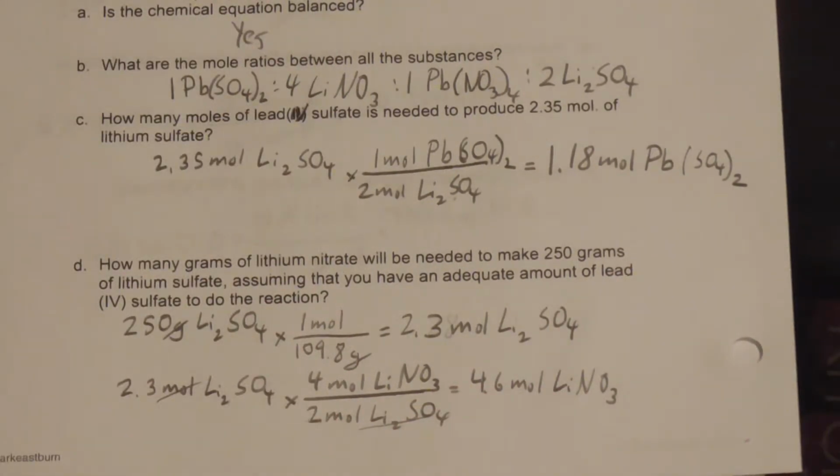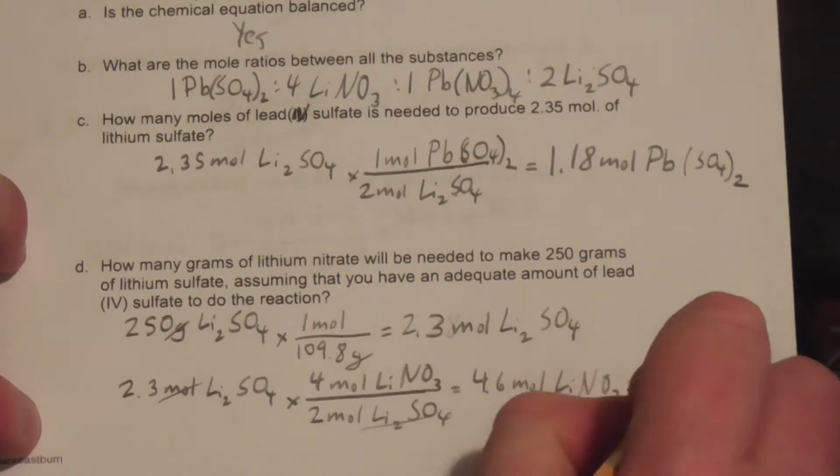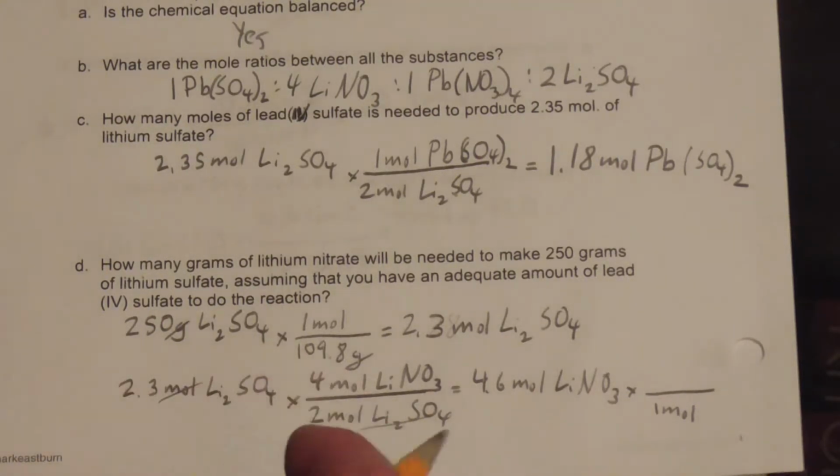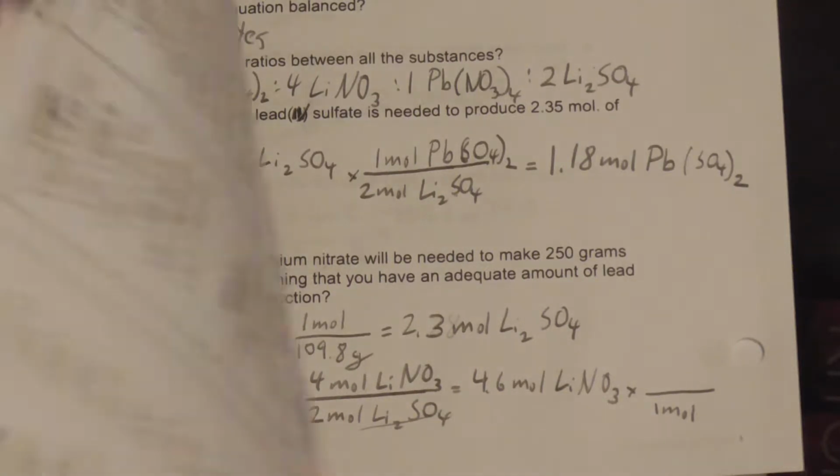Now from there, the question is how many grams? I have moles. Gotta go from moles to grams. So I have 1 mole at the bottom. That way my moles are going to cancel out, and I need to remember the gram molar mass, or calculate the gram molar mass for lithium nitrate.